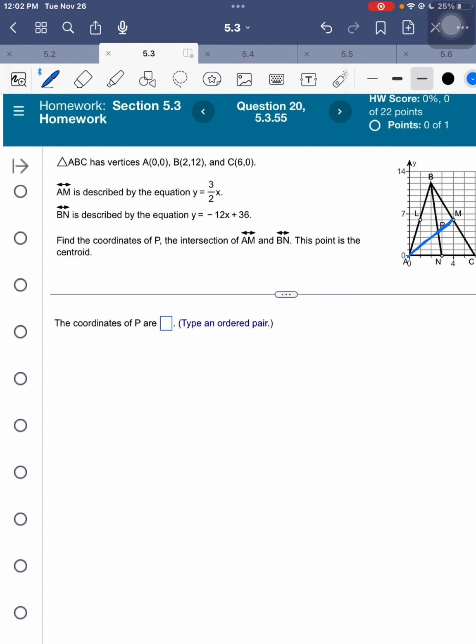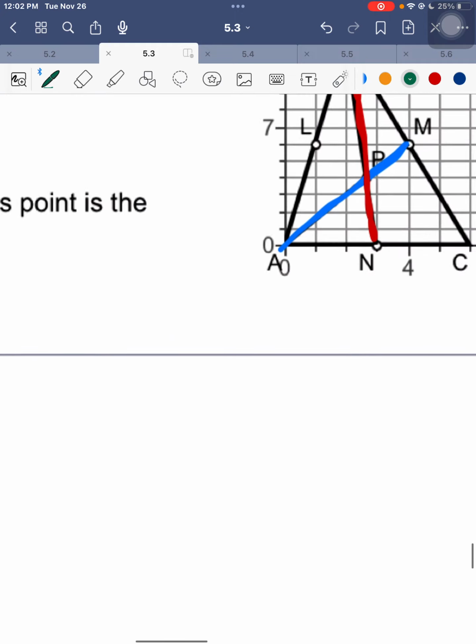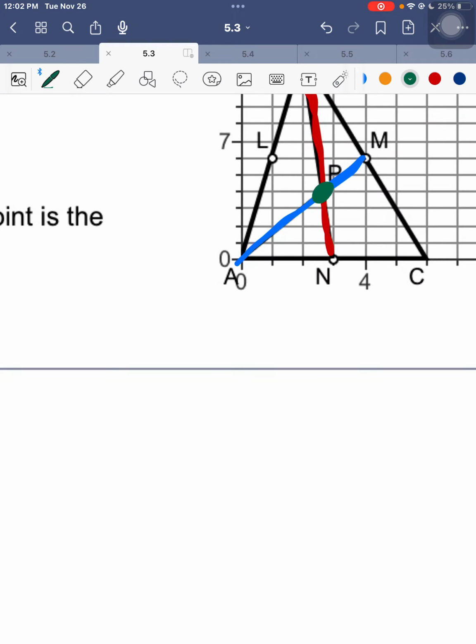Line AM is described by this equation. BN, I'll do it in red, has that equation. Okay. Find the coordinate of P. Guys, what is the coordinate of P?